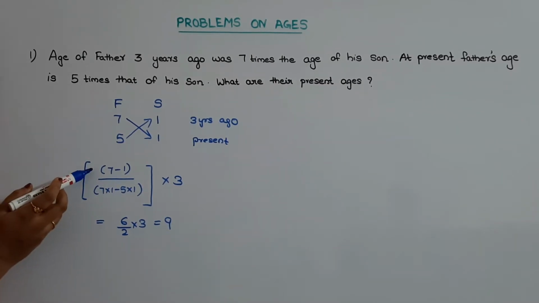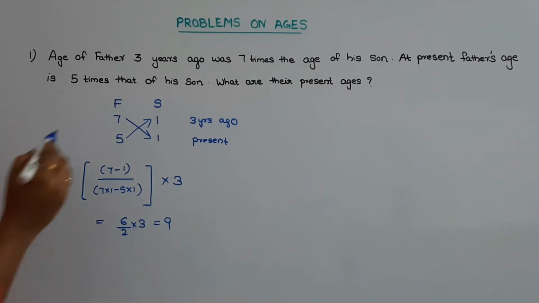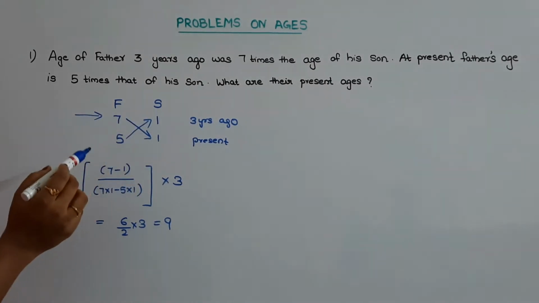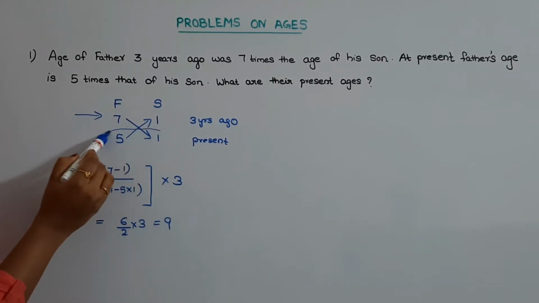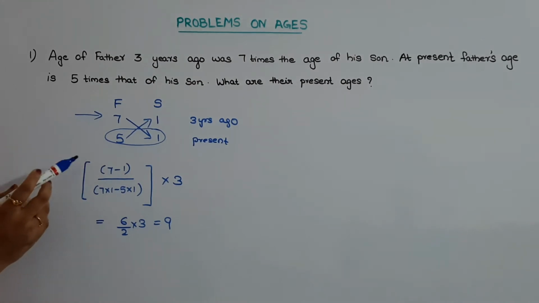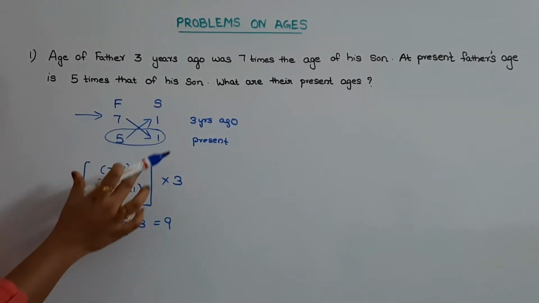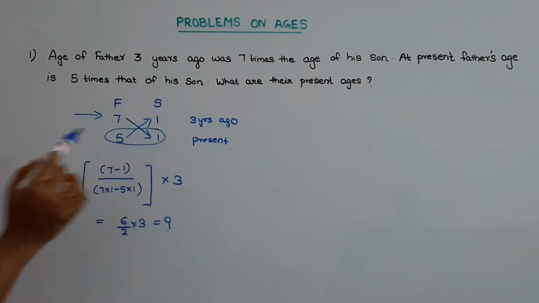Now here in the numerator, we took the difference of 7 and 1. So since we took the difference of this 7 and 1, you need to multiply this 9 by 5 and 1. Since in the numerator you took the difference of this ratio, whatever value you get after solving this should be multiplied to the other ratio.